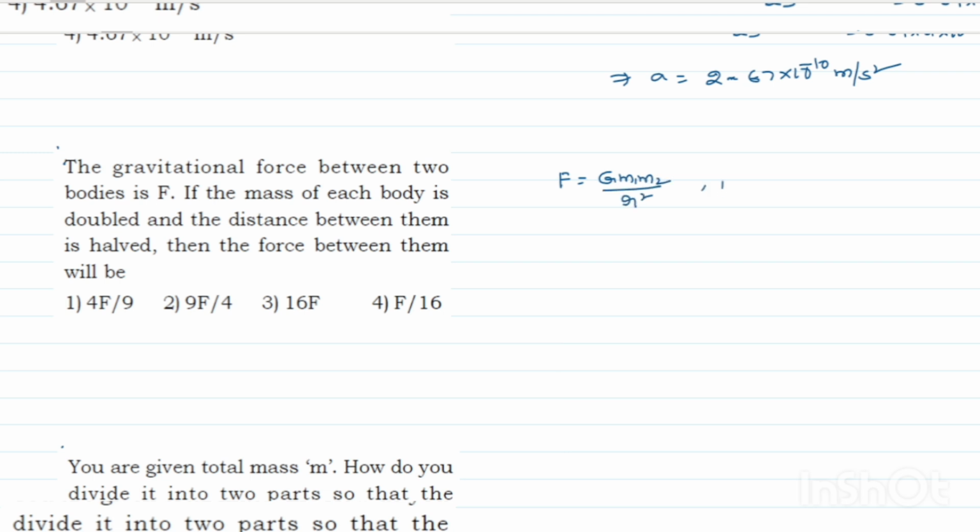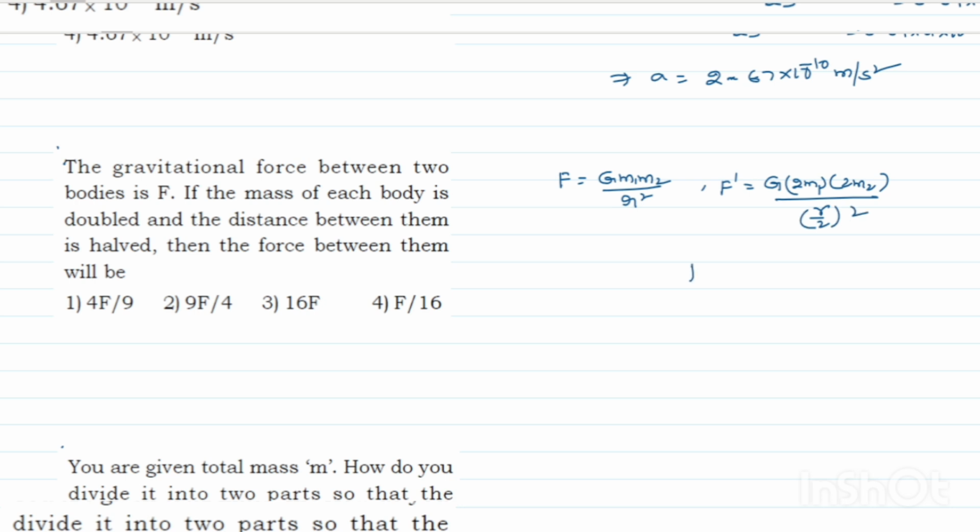Now here F dash will be G into, it is given that the mass of each body is doubled. Then m1 becomes 2m1, and m2 becomes 2m2, and the distance between them is halved, which means it becomes r by 2 whole square.